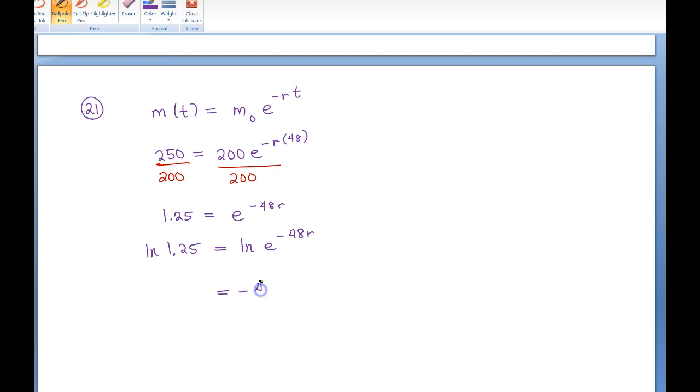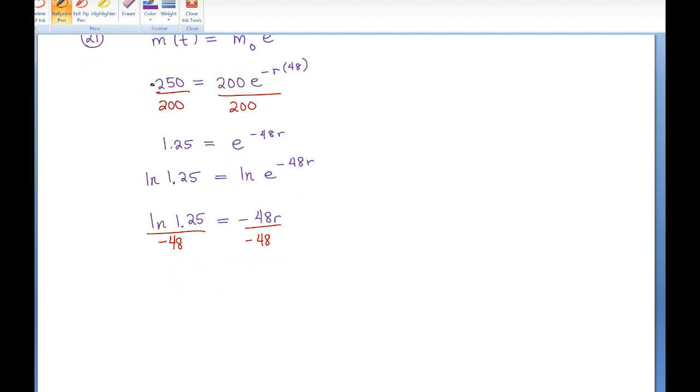So you just get negative 48r on the right side, ln of 1.25. And then we want to divide both sides by negative 48. And we get negative 0.0046488. You have to round a lot, or you can even store your value.